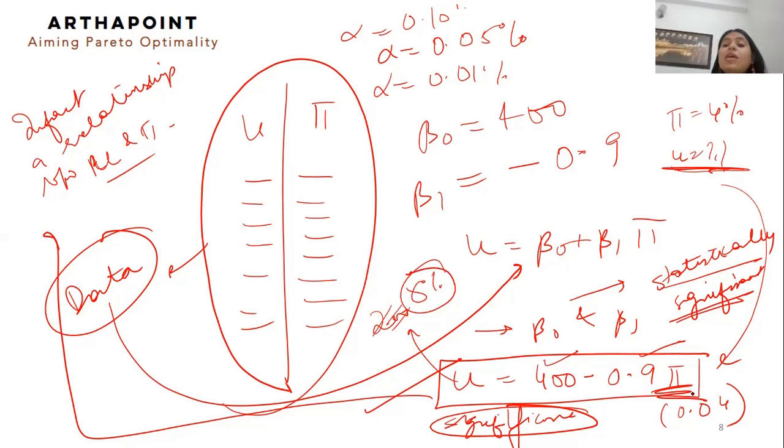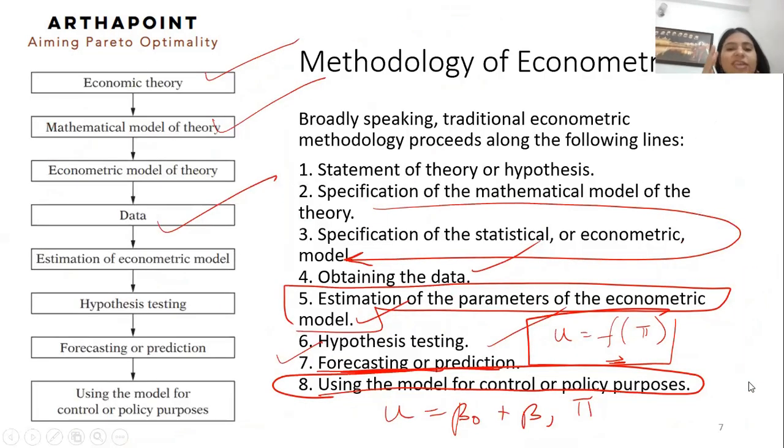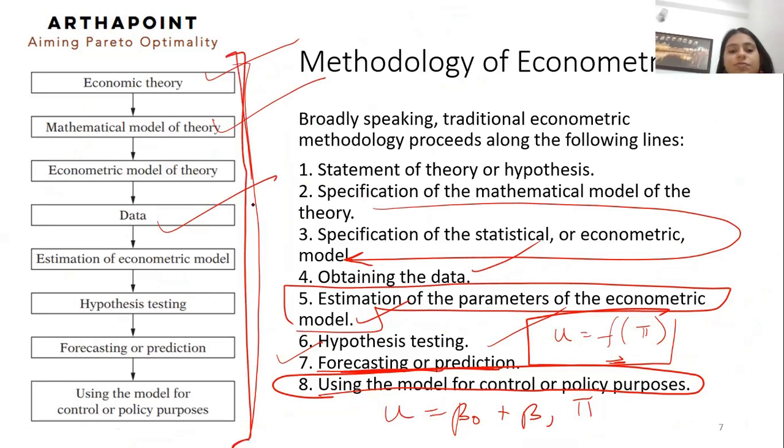So I will be able to give you the values accordingly. So majorly, any econometric model goes through all these 8 steps. You get the data, you frame an econometric model, you test its significance. Once it is significant and you know that the model is correct, you go ahead and you run that model.